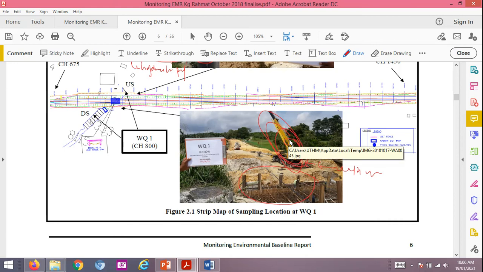And then also, how you can reduce the noise, you schedule the work. At night, tak adalah buat work at the night. For the night, you have less activity, or the activities are such as construction activity that does not produce noise, let's say clearing or maybe concreting.